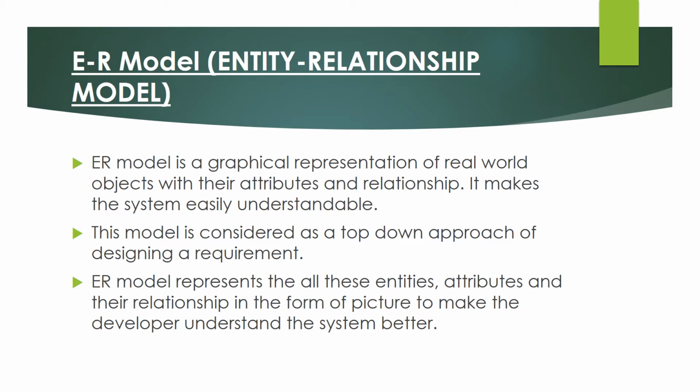That means the ER model graphically defines all the data items and their relationships for that particular system. In the ER diagram we use the concept of entities, which are the real world objects, attributes, which are the properties possessed by these objects, and relationships. Relationship means the link between various entities.